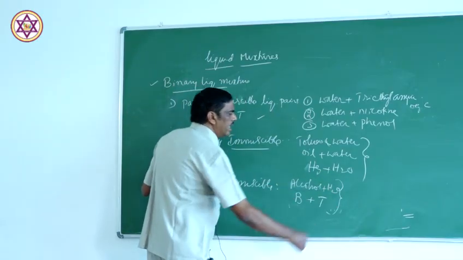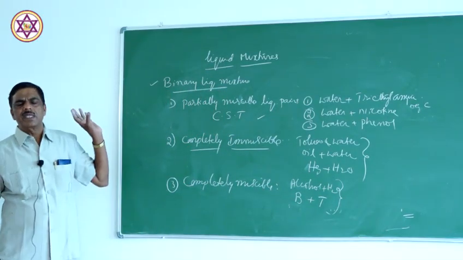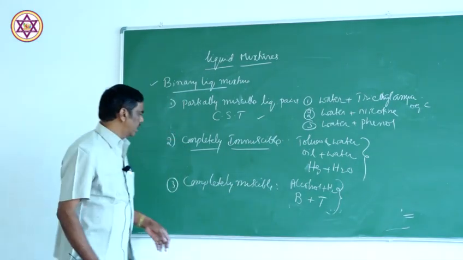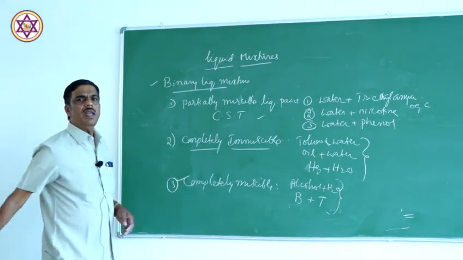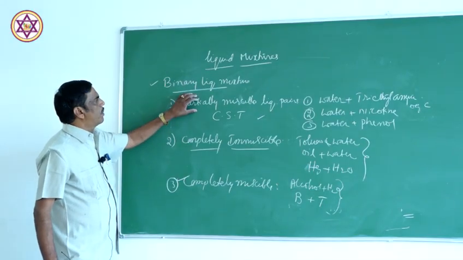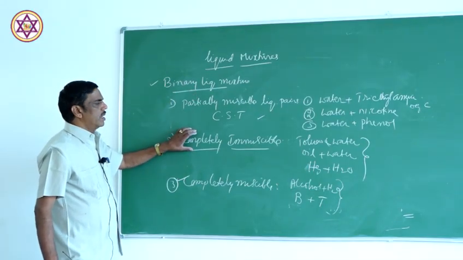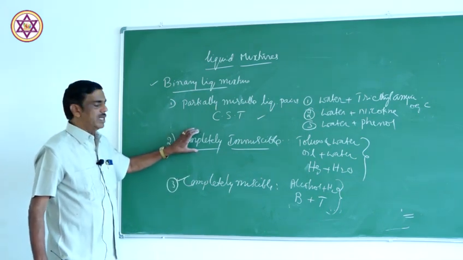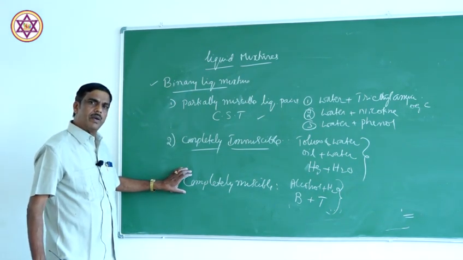These liquids, irrespective of the temperature and irrespective of the composition, are completely miscible at all conditions. Those are called completely miscible liquid pairs. Therefore, these binary liquids can be classified into three classes: partially miscible liquid pairs, completely miscible liquid pairs, and completely immiscible liquid pairs.